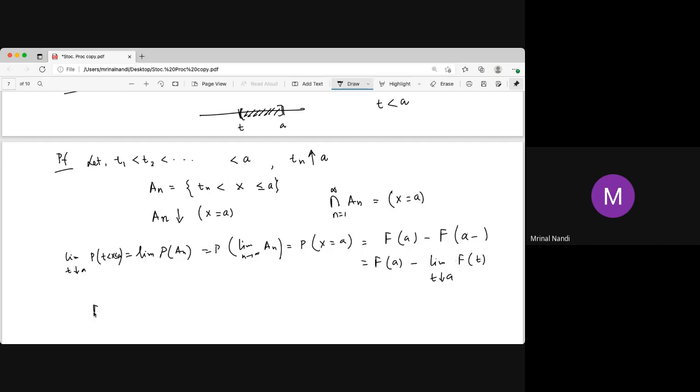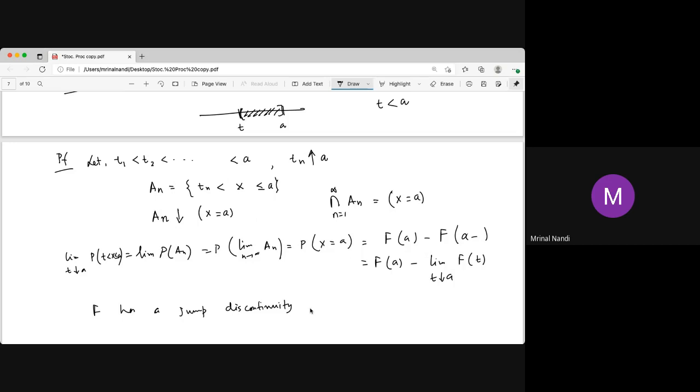So F has a jump, it has a jump discontinuity. You know there are two types of discontinuity. One is called jump discontinuity, where the left hand and right hand limits are different. The other is a removable discontinuity, if the left hand and right hand limits are equal but the value at the point does not exist or is different.